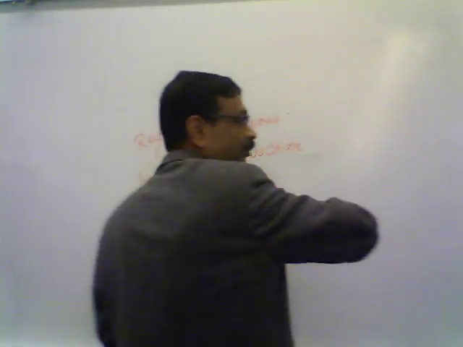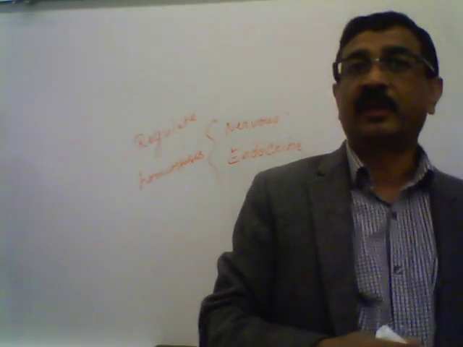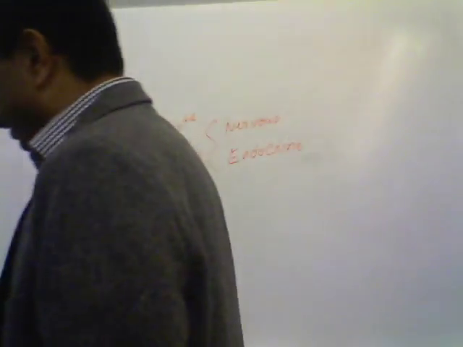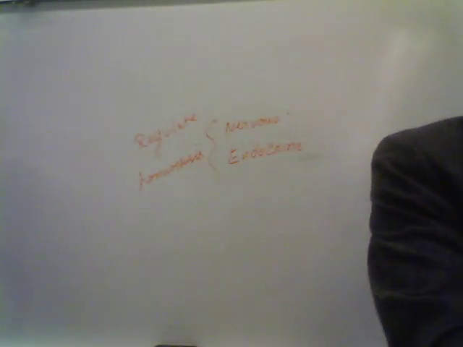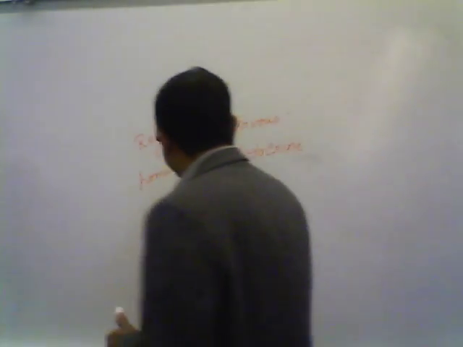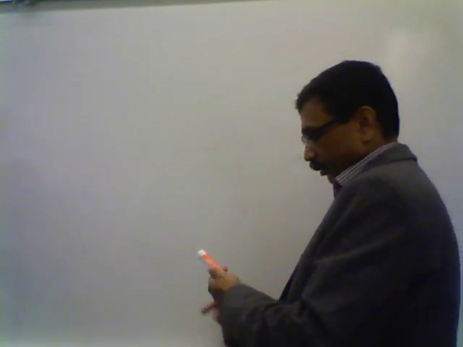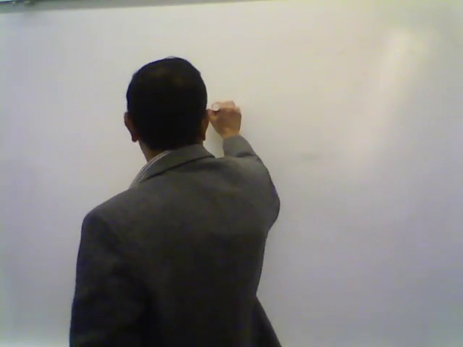Okay. Nervous system and endocrine system, because those are the control systems. They control. And homeostasis occurs in two mechanisms.